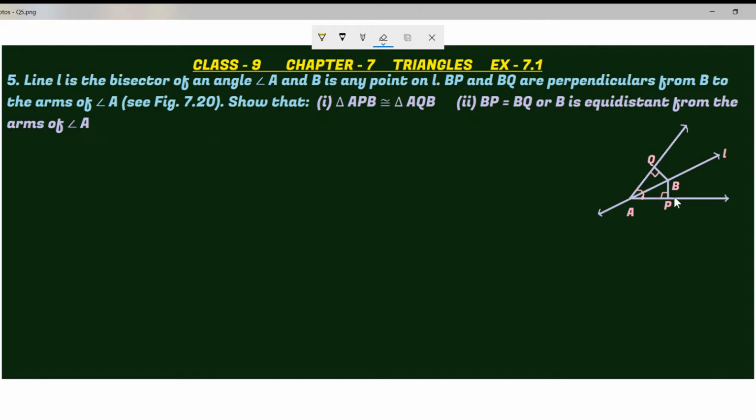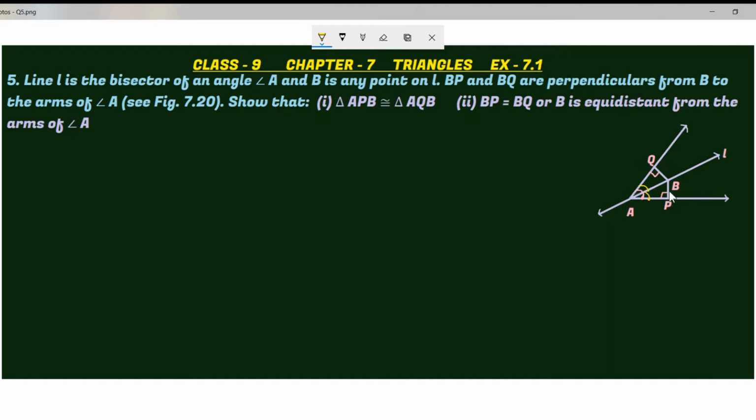This is the figure given in the question. In this question, line L is the bisector of angle A. If this is the bisector of angle A, then we can say these two angles are equal to each other because it is bisecting the angle A. Then BP and BQ are perpendicular to the arms of angle A. These are the two arms of the angle.